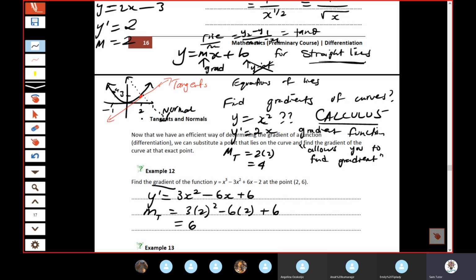Does anyone remember the idea of if a line is perpendicular to another line, what we know about their gradients? They multiply to make -1. That's it.